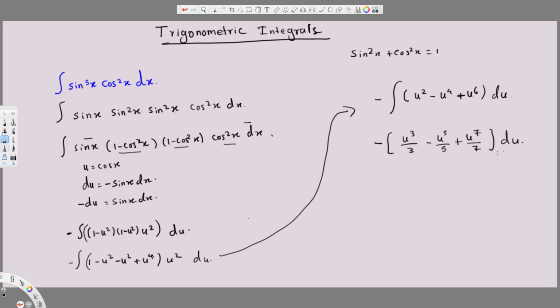Then all I have to do is simply substitute cos x, but before that I get rid of this negative. I multiply everything by negative. So this is going to be minus u cube divided by 3 plus u power 5 divided by 5 minus u power 7 divided by 7 plus constant. That du doesn't come here. This is just plus constant.